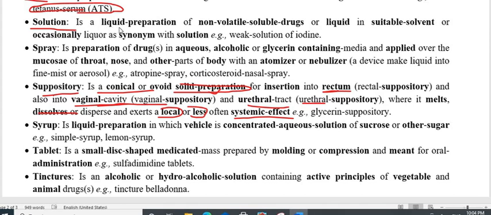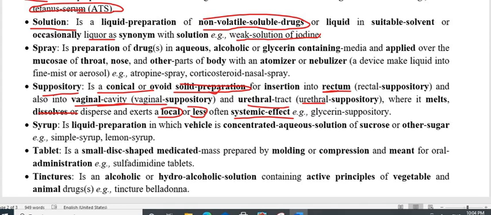So solution is a liquid preparation, usually containing a non-volatile drug, and that may be used particularly for external use over the skin.